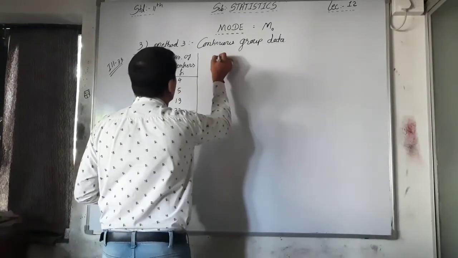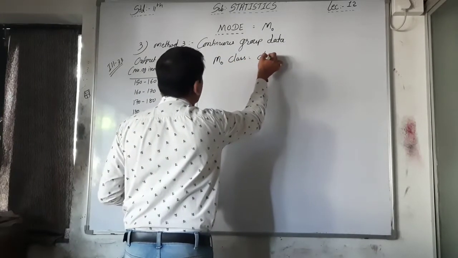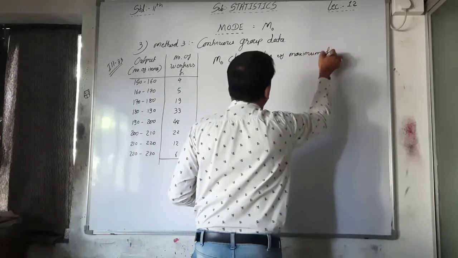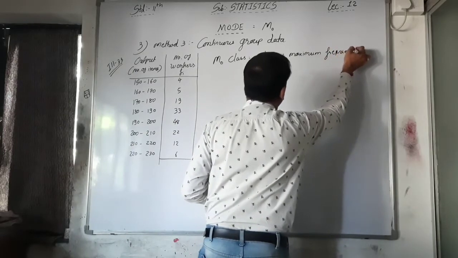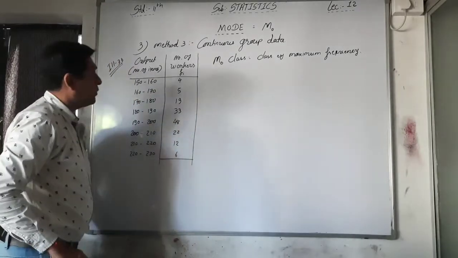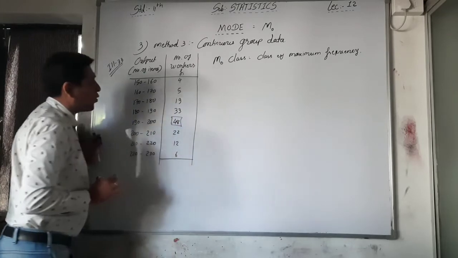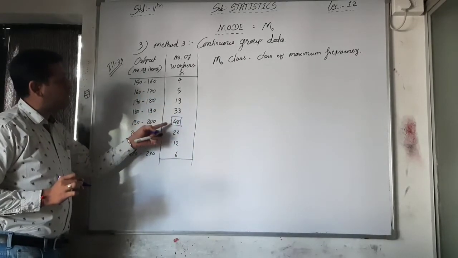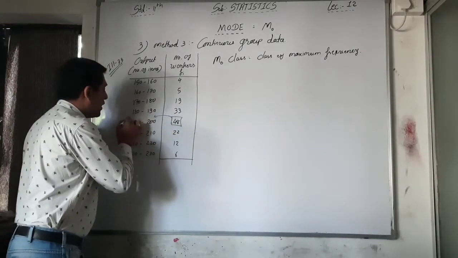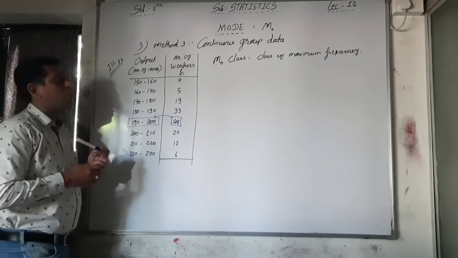Now see the answer. First of all, we have to find the model class, that is the class of maximum frequency. Which one is the maximum frequency? 48 is the maximum frequency here, among 4, 5, 19, 33, and the corresponding class is 190 to 200.